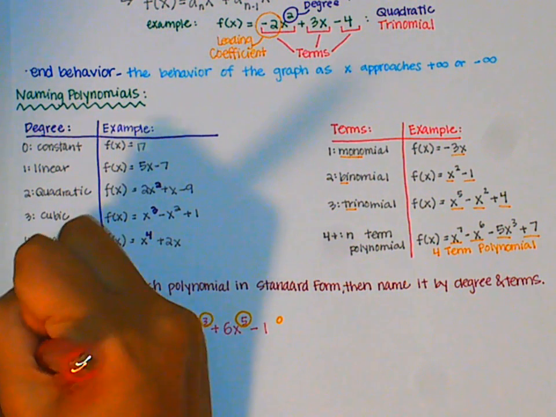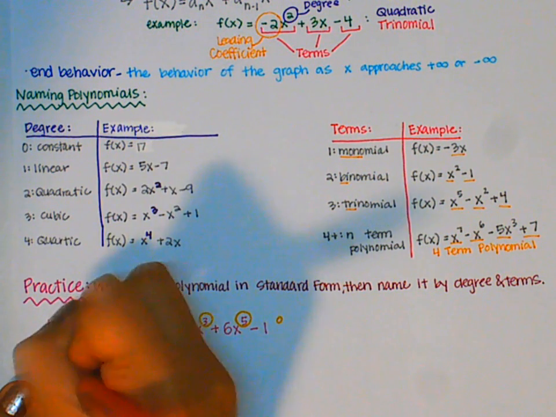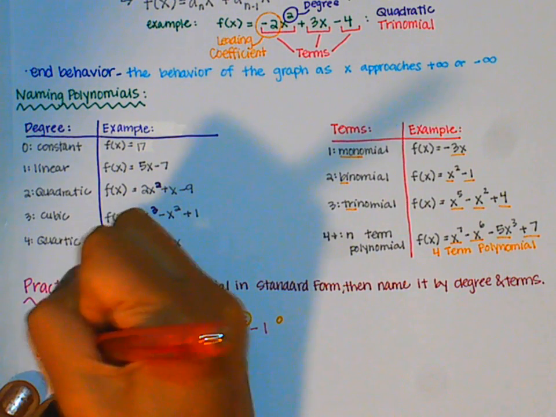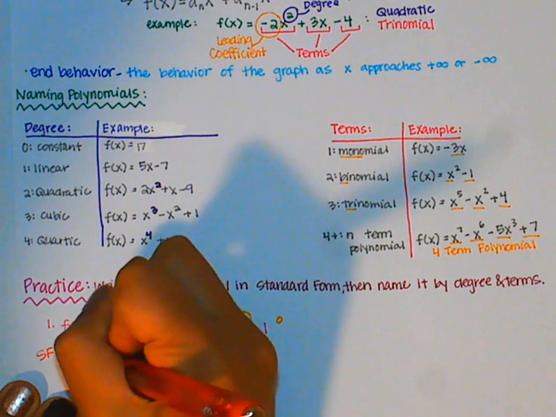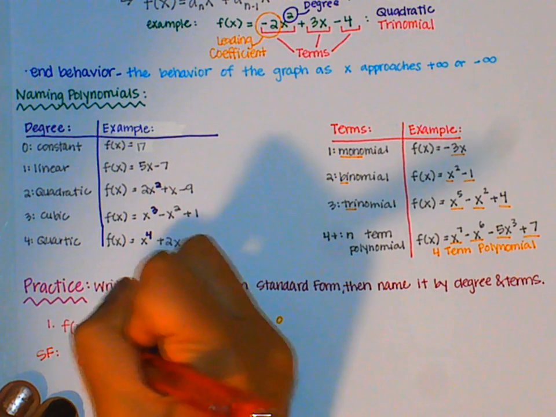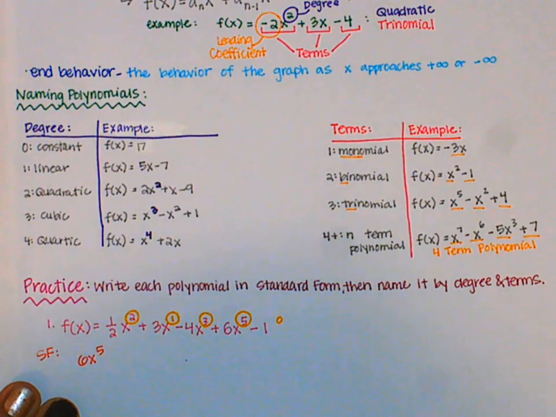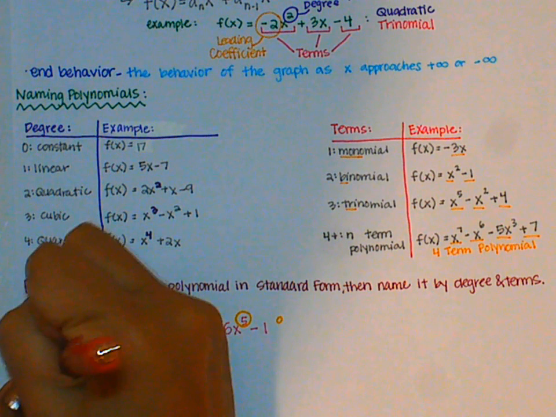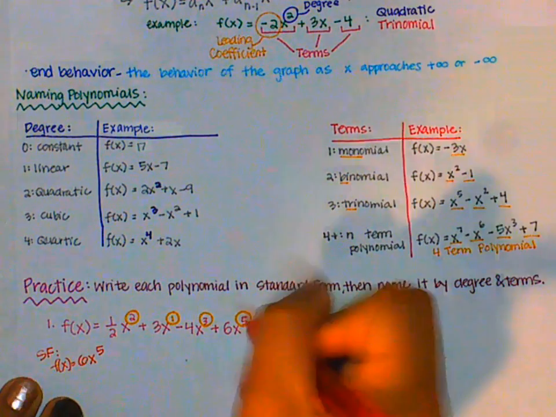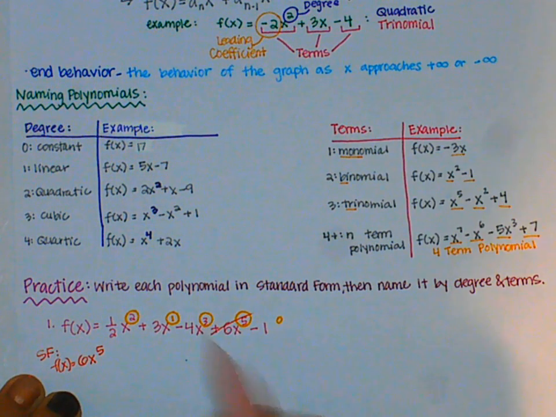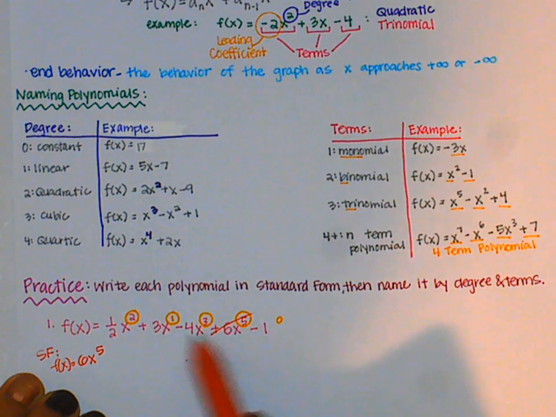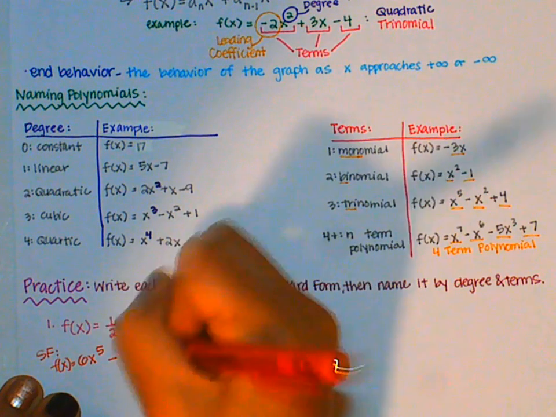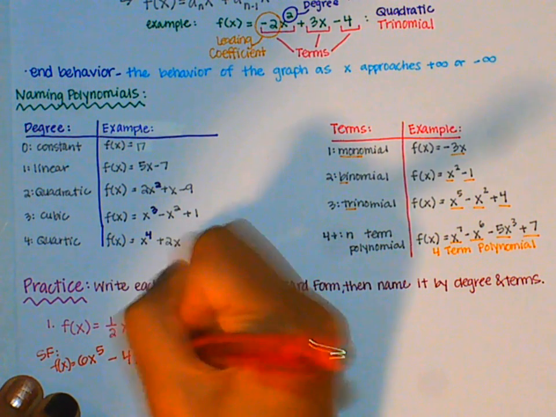So I'm going to say that, in standard form, this is going to be 6x to the power of 5. I forgot my f of x. So I use that one. I'm just going to cross it out so I don't get confused. The next biggest one is this 3, so I'm going to take this whole term. Minus 4x to the power of 3.